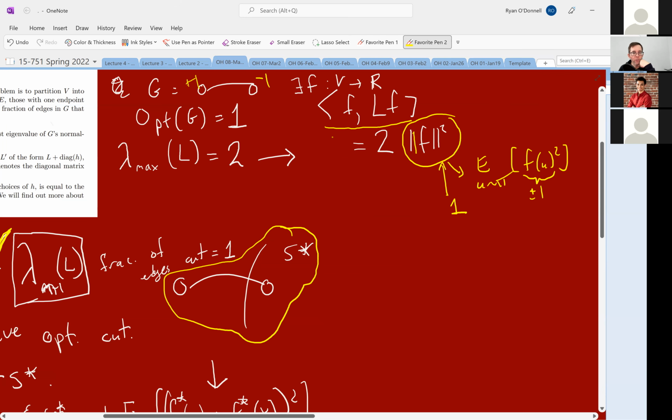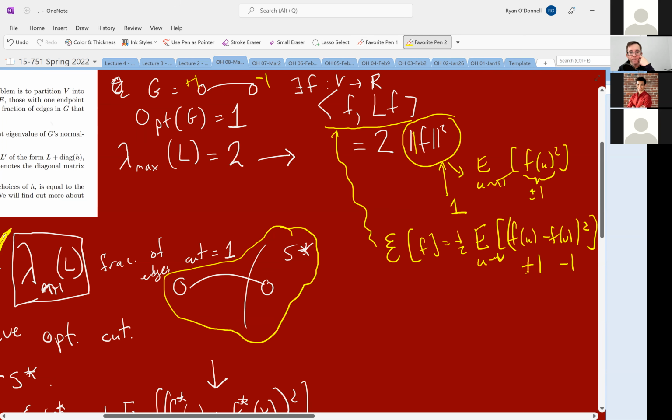Okay, what about this thing? The quadratic form thing. So it's a half times the expected value over a random edge of (f(u) - f(v)) squared. For any edge, one of these will be +1 and one will be -1.